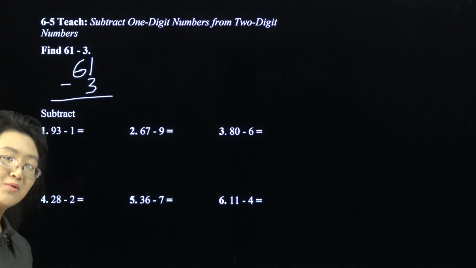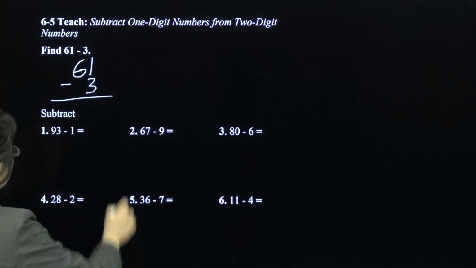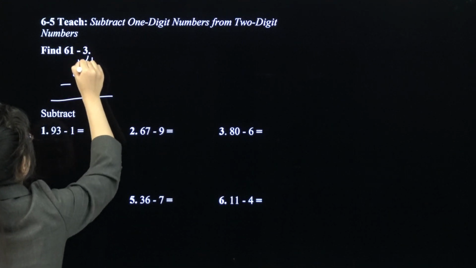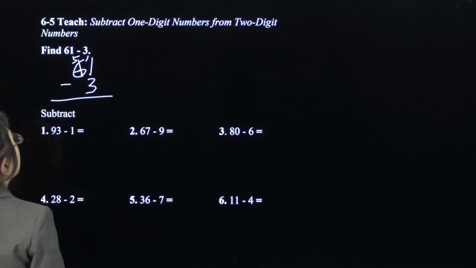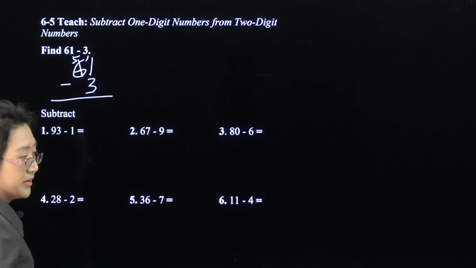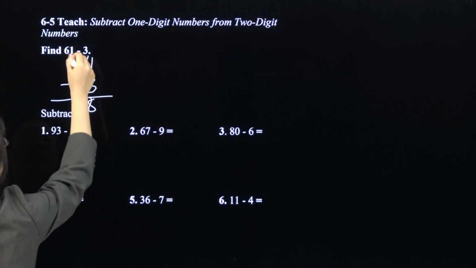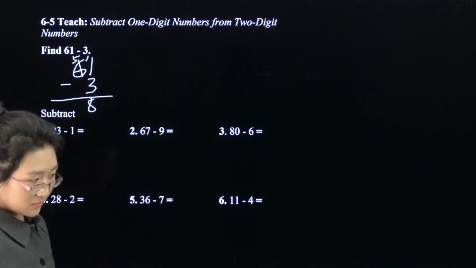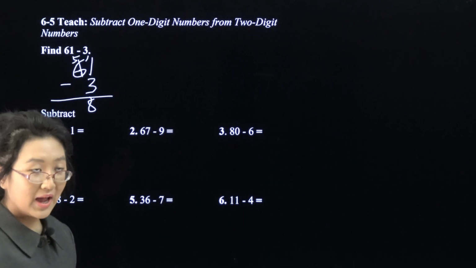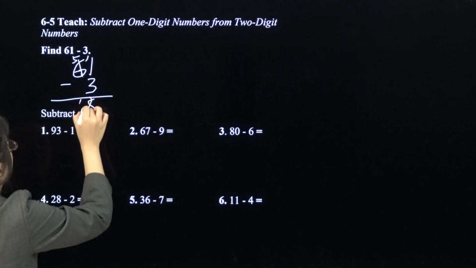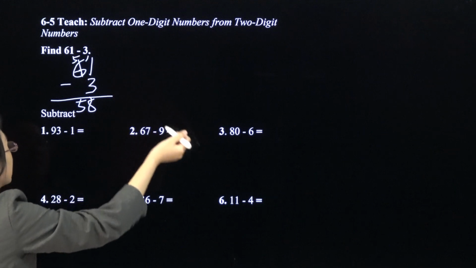Does that work? 1 minus 3? No, you have to regroup and you end up with 11 minus 3, which is 8. And then there's 5 minus nothingness, which is just 5 for the tens place, and that's 58.